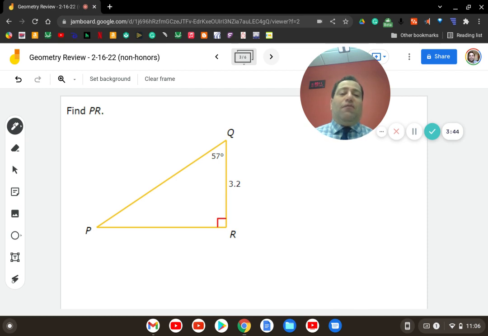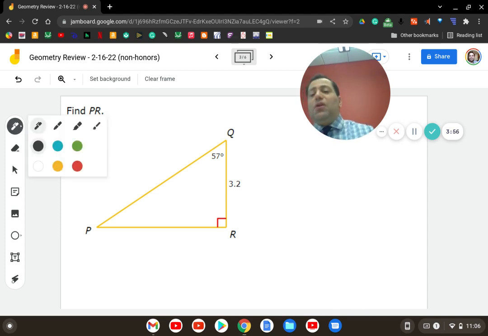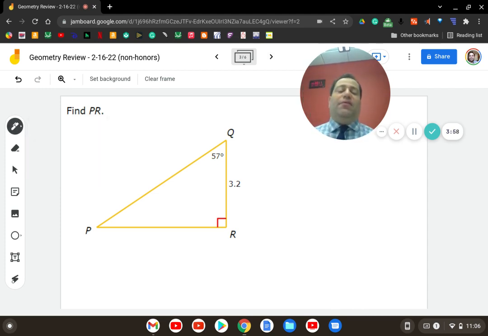In this case, I have a right triangle, but I only know one of the sides. However, because I know one of the angles, I can use trigonometry to find a missing side. The first thing you have to do is identify what you know about the triangle. We call this the reference angle because it's the one that's given to us in the problem.